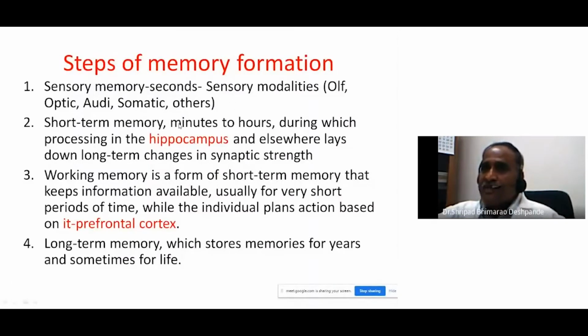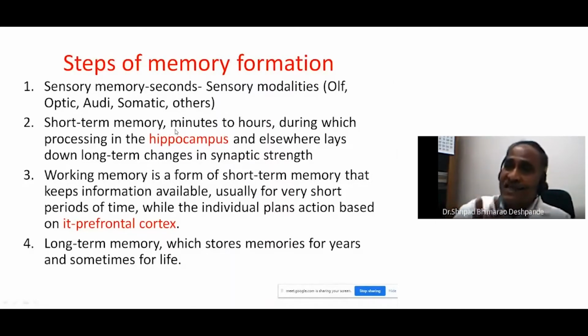Then short-term memory stays for minutes to hours, during which processing happens in the hippocampus, if you feel that it is relevant or helpful for the advancement of your knowledge. Then the hippocampus takes it on further.